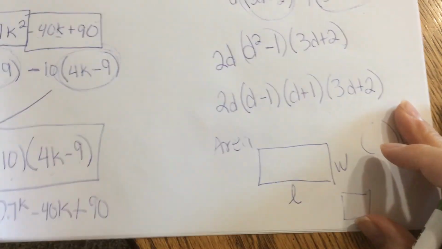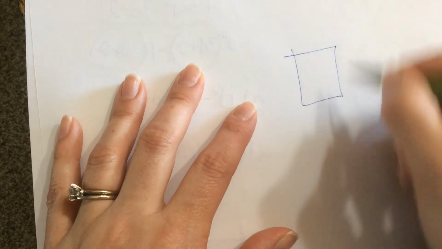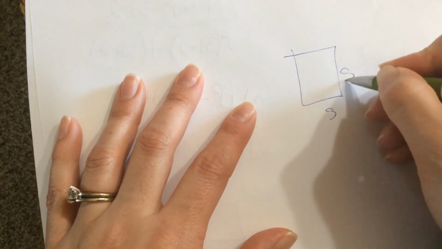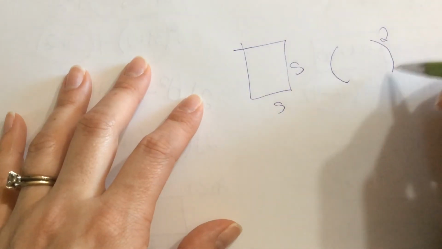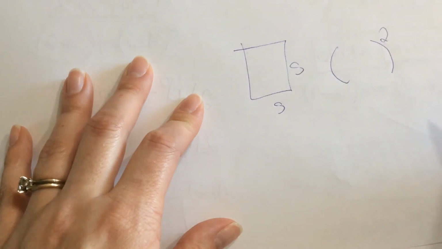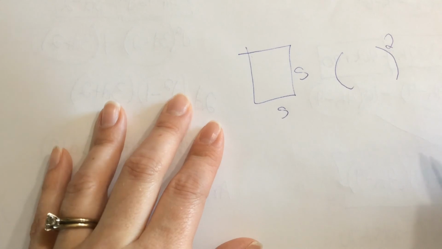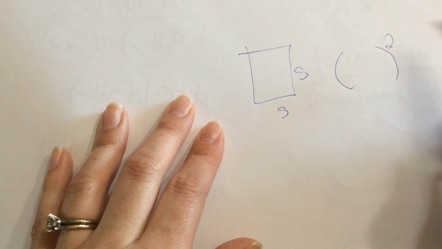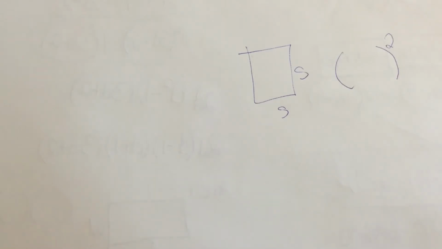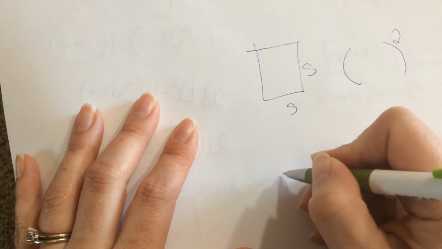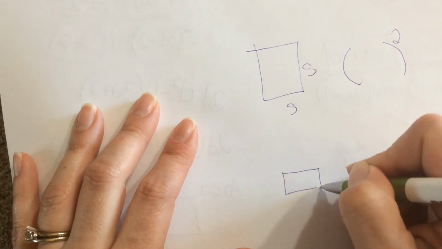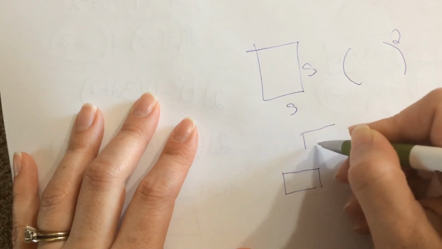If they're talking about a square, we have all of those sides the same, which really means we have one quantity squared. So you're looking for a perfect square trinomial. And if they ask you about volume, remember volume is for three-dimensional shapes.